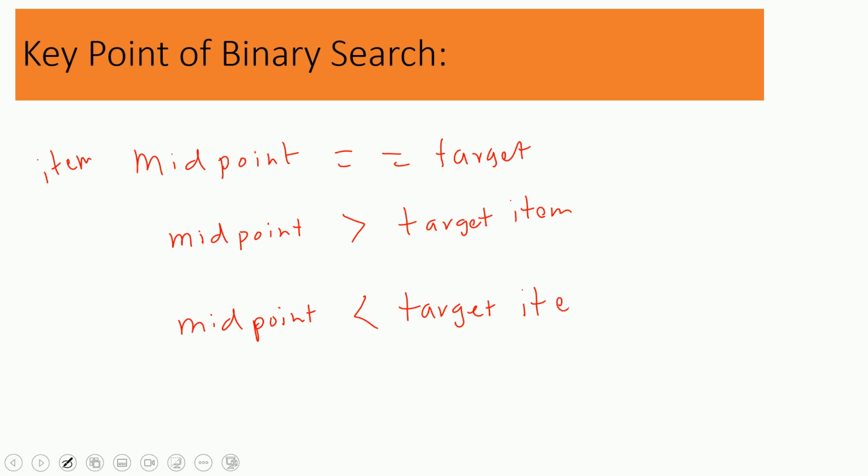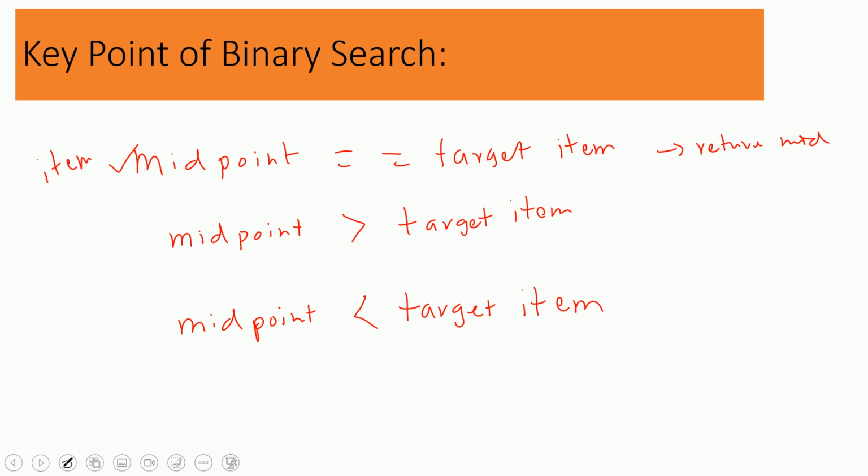This is the main concept of binary search. You find the midpoint, then you compare the midpoint item with the target item. If they match, you found the item and you return the midpoint location.